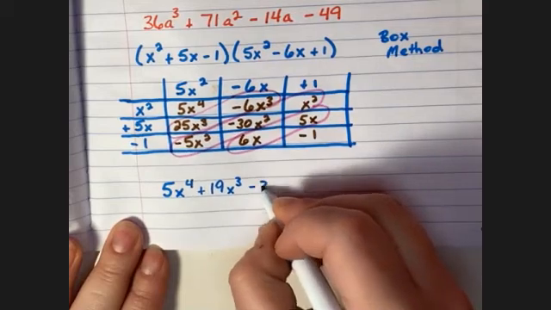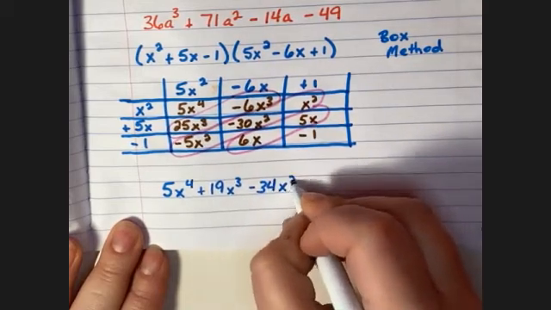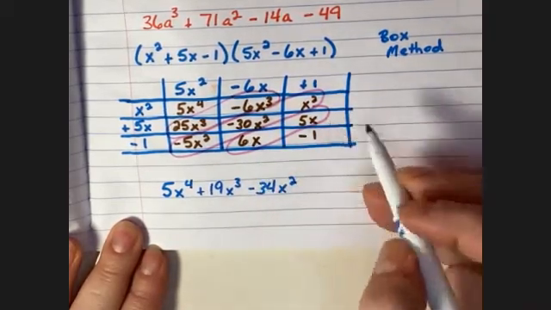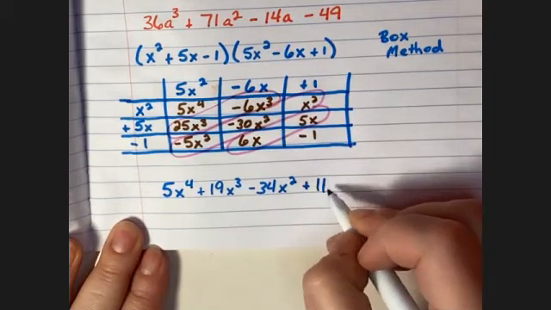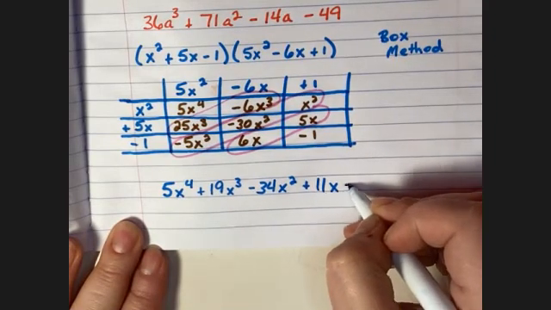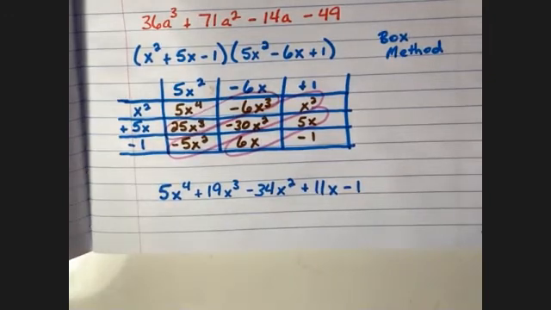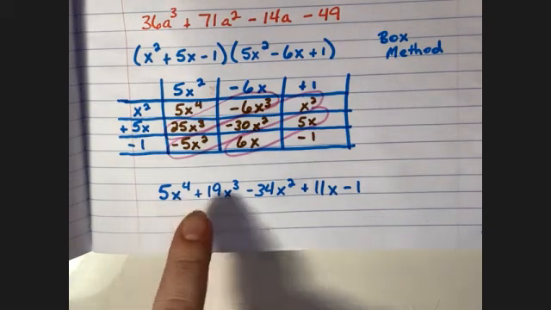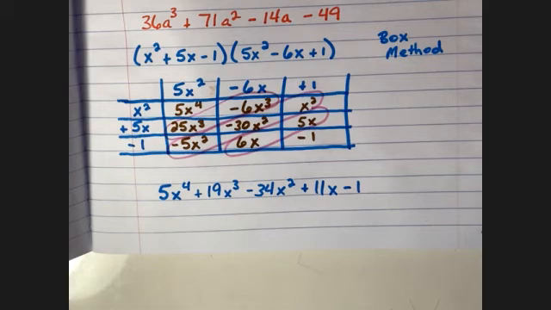So it's going to be minus 34x squared. 6x plus 5x is 11x, and then the negative 1 doesn't have anybody to join up with, so it just hangs on to the end. Remember, you can only combine things that have the same letters raised to the same power. So I can't combine these anymore. That's as good as I can do.